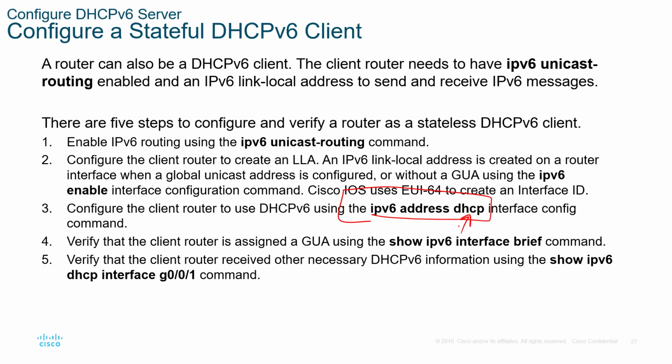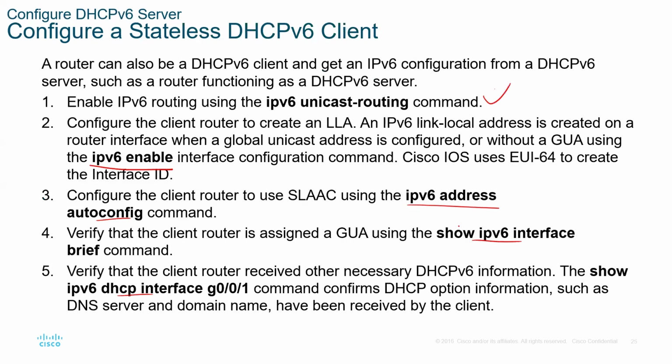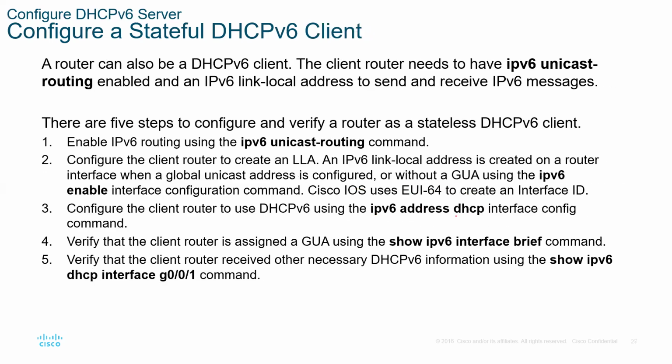So you configure on your client that you want your client to use DHCP to get its address. Before, we used autoconfig, meaning our address was coming from stateless auto configuration. Here, our address is coming from DHCP. That's the only difference. So that's how you configure a client to get an address from a stateful DHCP.